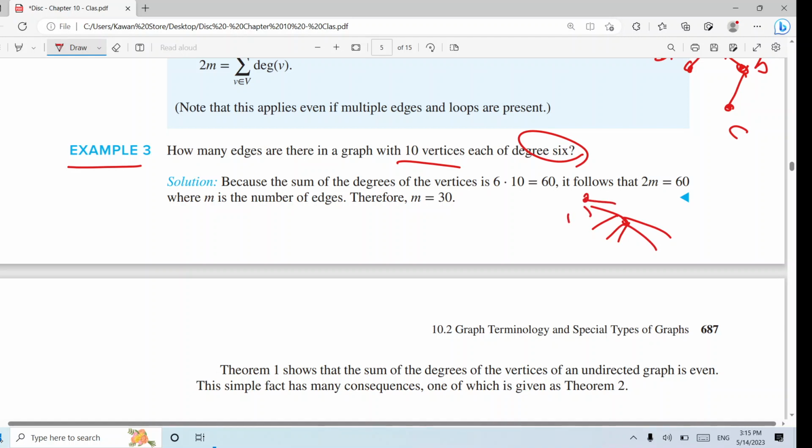So he asks you, how many edges do we have in total? 60 divided by 2, right? Understood? You got it? Each vertex multiplied by 10, degree 6. Now, how many lines do we have? We take 60 divided by 2, and you will get 30. Understood? Good, that's it.